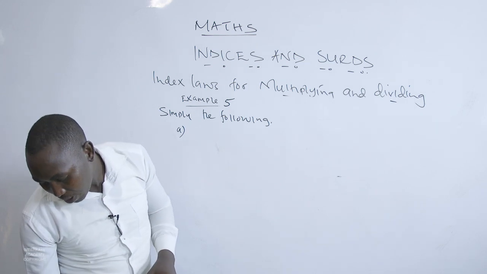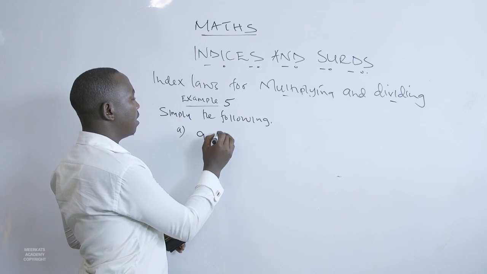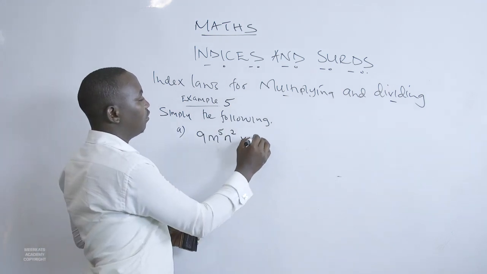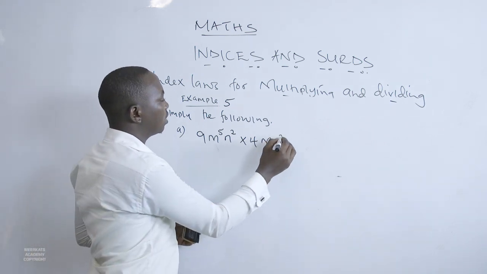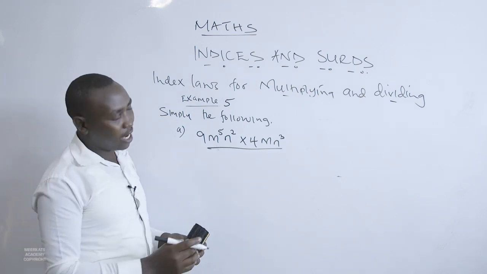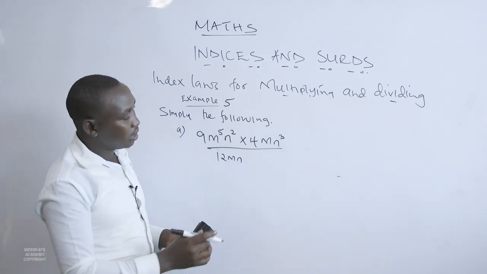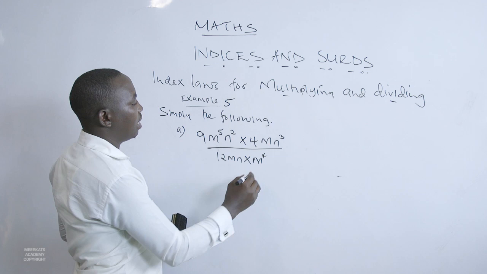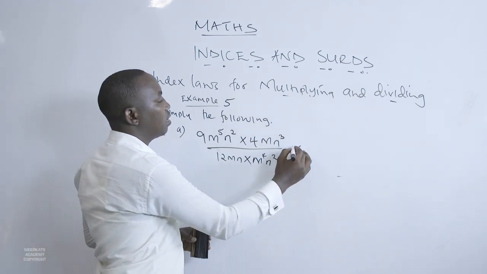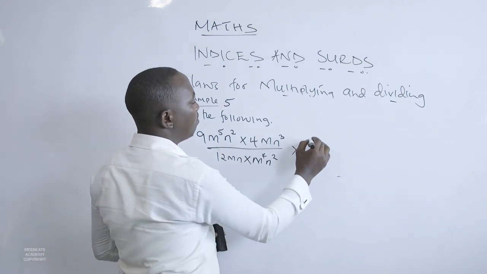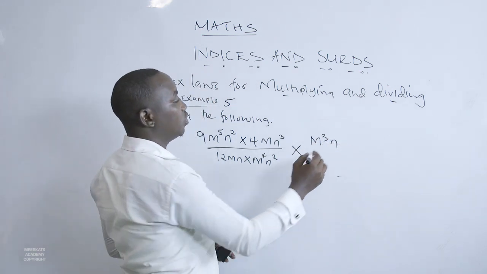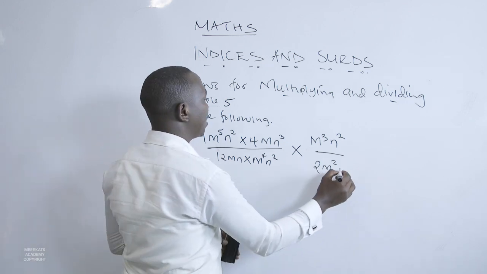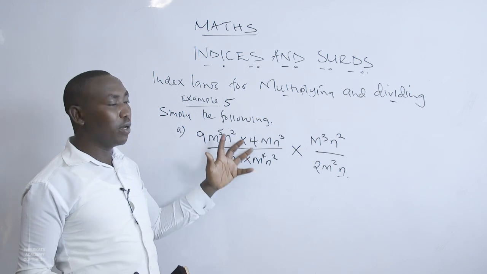A, we have 9m raised to the power of 5, n raised to the power of 2, times 4mn cubed, all this divided by 12mn times m power 4, n power 2, all this multiplied by m cubed n raised to 2, divided by 2m squared n.